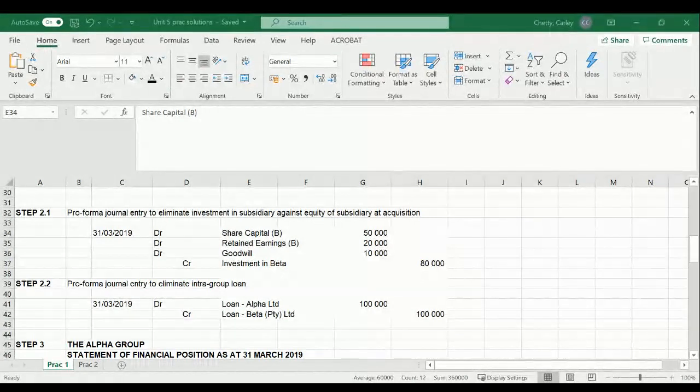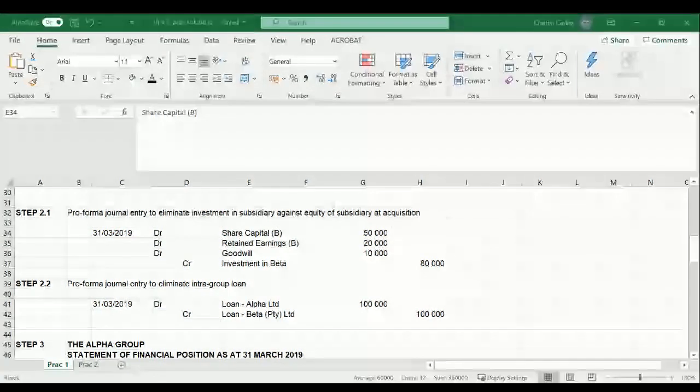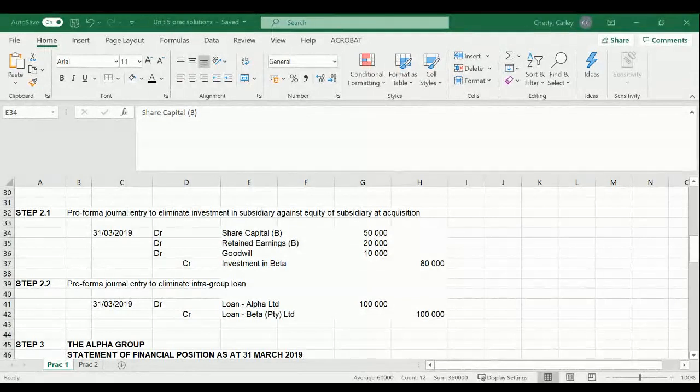Then you'll see that trade and other payables is shown in brackets, and the reason is because it is a credit. Okay, does that make sense? Yes, ma'am. Thanks. Okay.